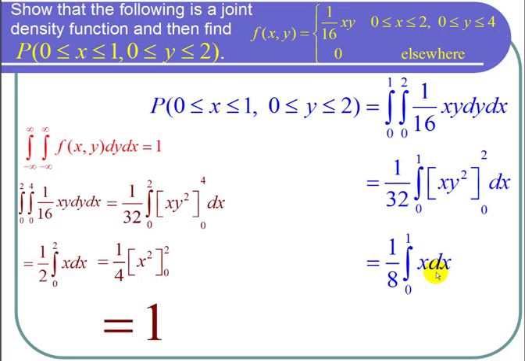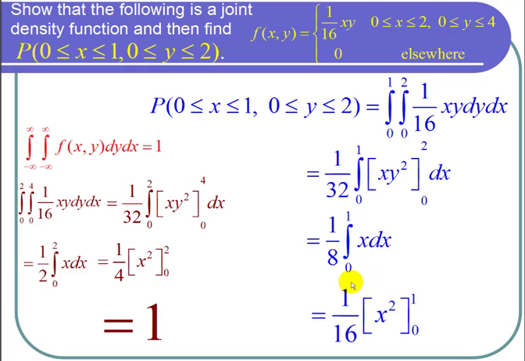And then I integrate x dx, that's x squared over 2. The over 2 and the 1/8 combine as a 1/16 times x squared, and we're going from 0 to 1. So if I plug in 1, 1 squared is 1, and if I plug in 0, 0 squared is 0, so 1 minus 0 is 1, and 1/16 times 1 is 1/16.